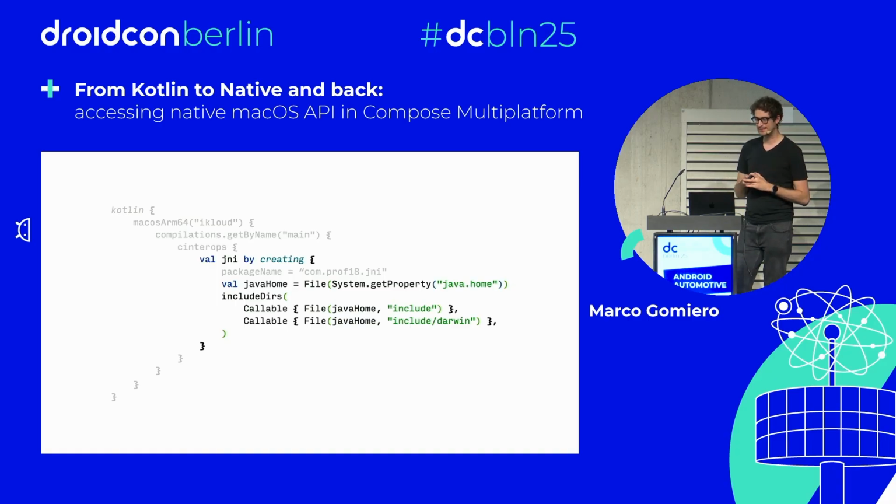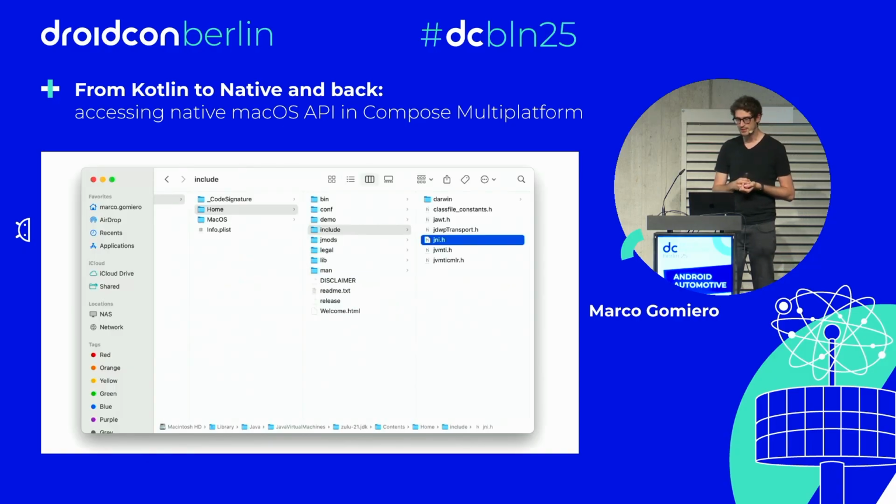So in this case, the JNI and the headers for the JNI are inside the JDK that you have installed on your machine. So if you go inside your Java home folder, you can find it inside the long path that ends with include, and inside here there are the headers.